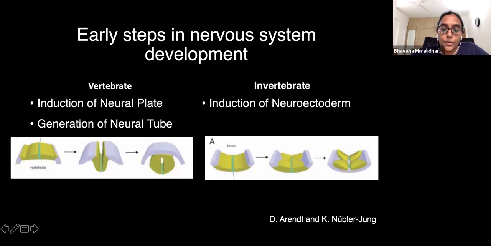Some mechanisms are conserved, and this process which happens at the very beginning, the induction of the neural plate and neural tube, are such mechanisms which are conserved across evolution.